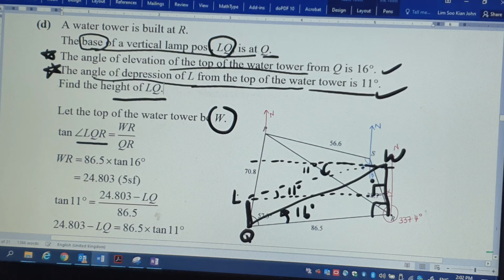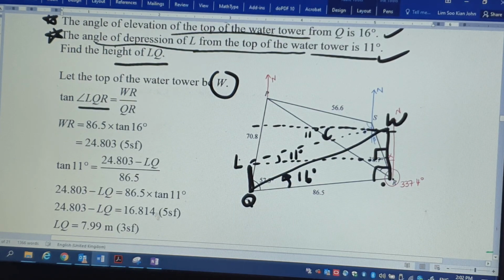So what we need to do is, because we want to find the height of LQ, we have to find this one first. How to find this one? Tangent of this 16 is opposite, which is WR, over adjacent, which is QR, right?